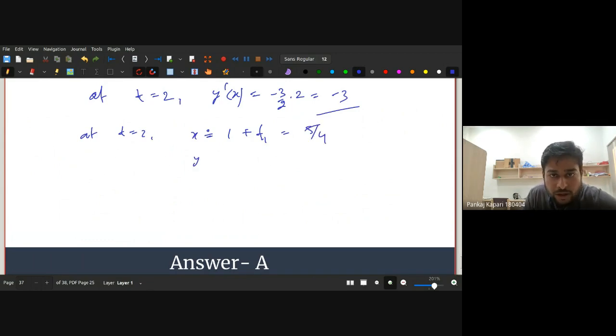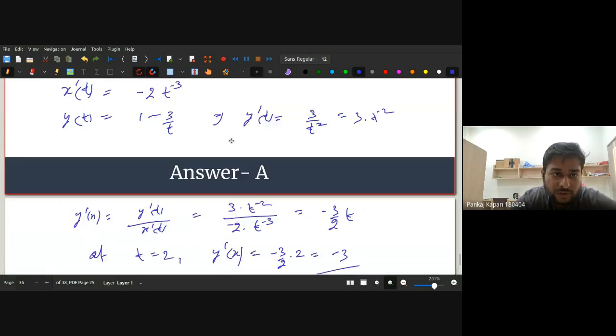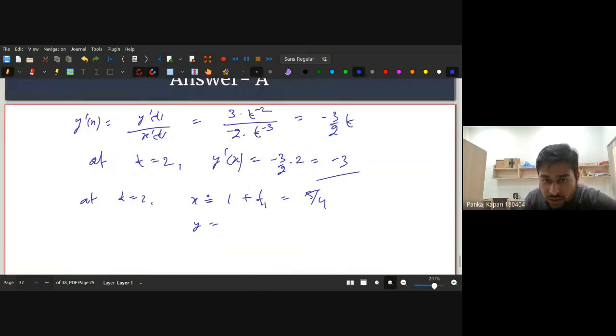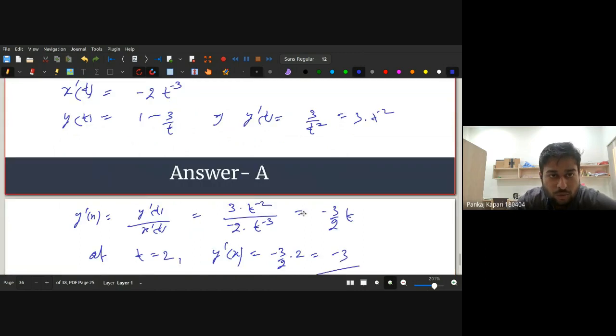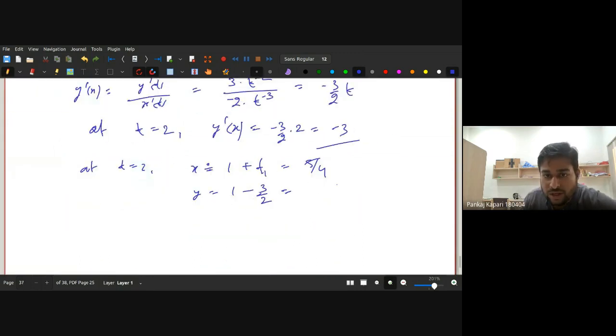And what is y? It is 1 minus 3 divided by t, which at t equal to 2 is minus half.